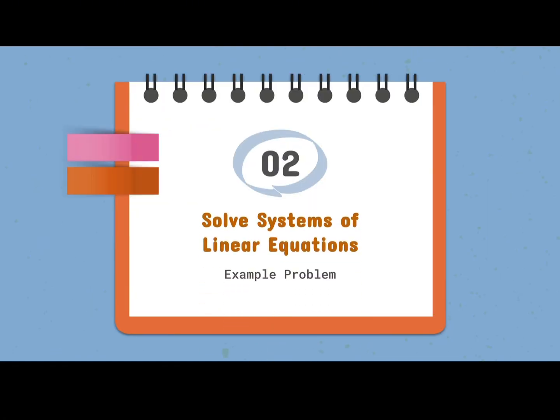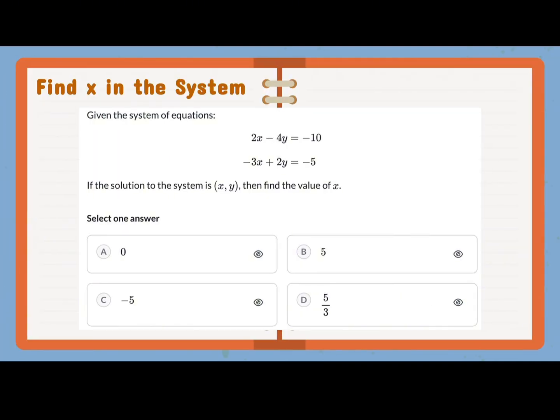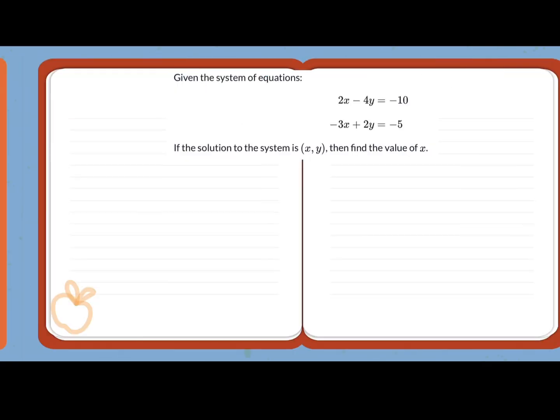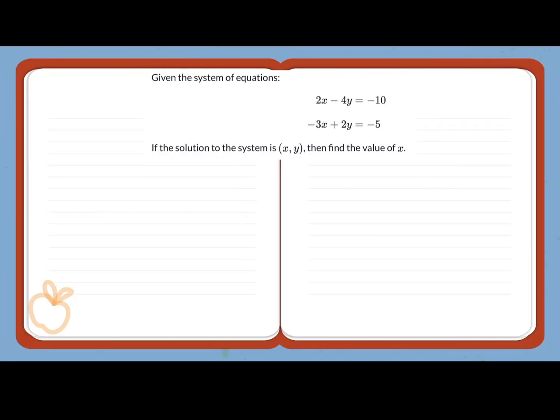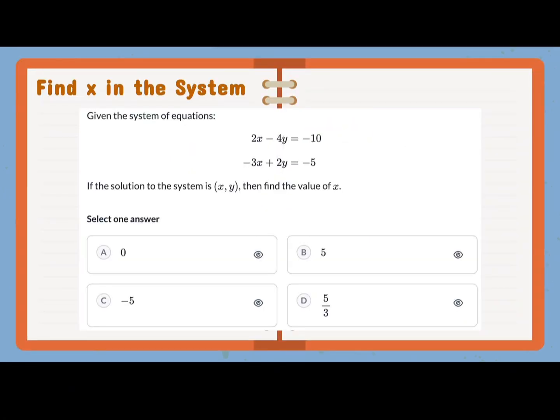Okay, the next one, solve systems of linear equations. So we have a system of equations, 2x minus 4y equals negative 10, negative 3x plus 2y equals negative 5. So you might get confused here, but essentially we have to use substitution.